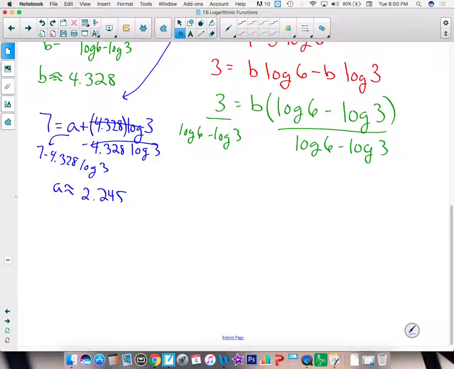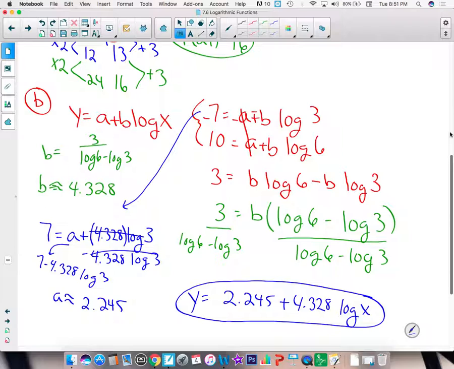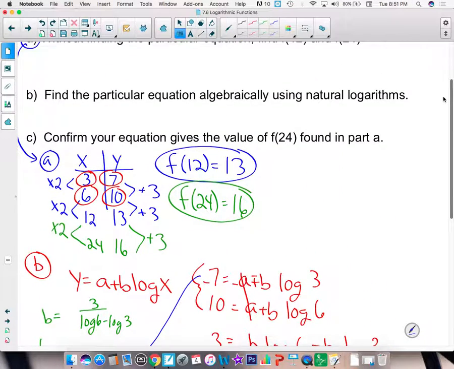Then we just piece our equation back together with those. We have y equals 2.245 plus 4.328 log x. And that's your equation. Oh, and I think we wanted to use natural logs.